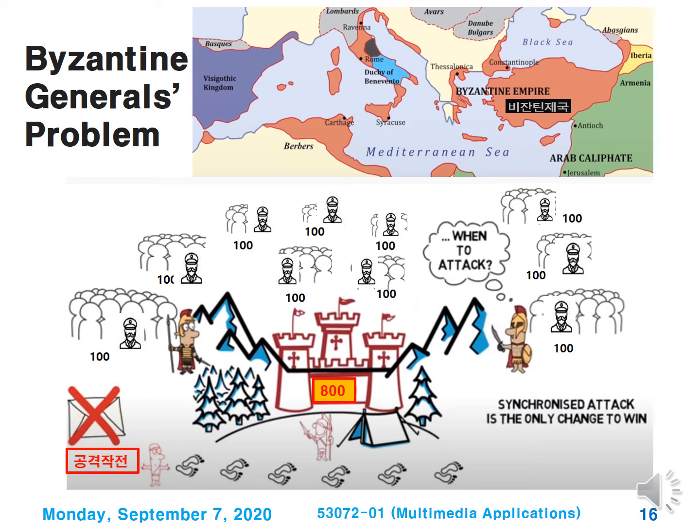So minimum 9 generals out of 10 must have a consensus about the attack operation, the attack plan, then they can collaborate.